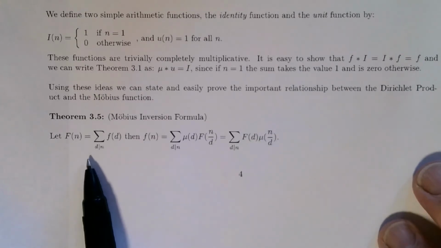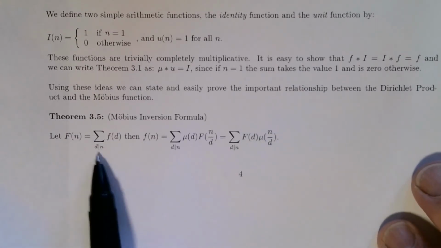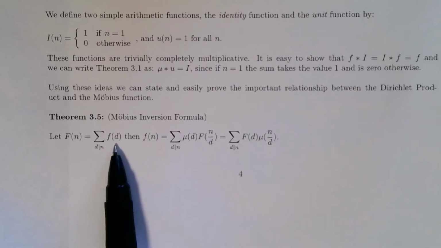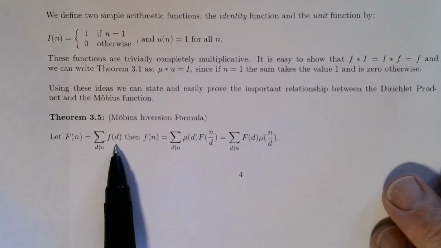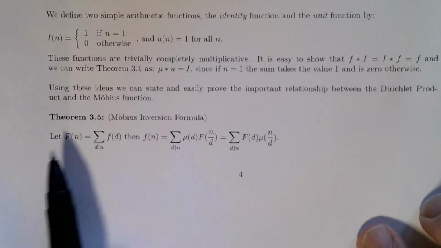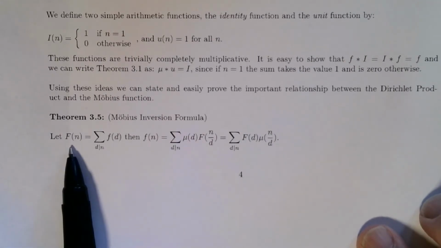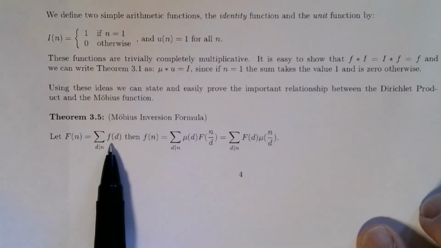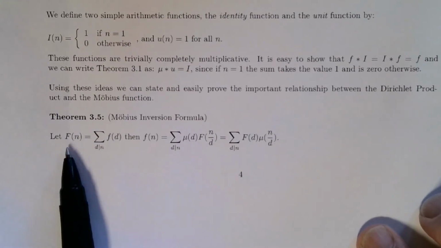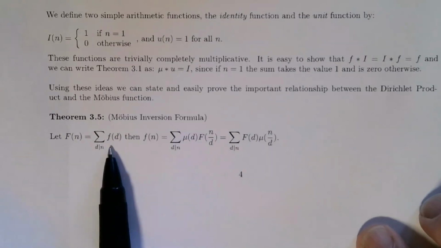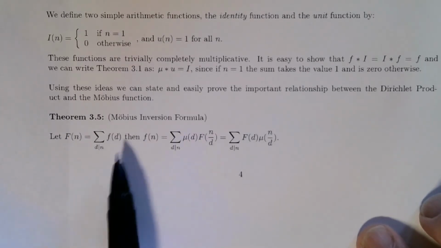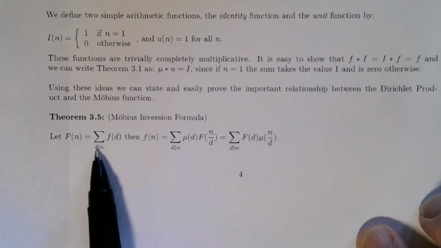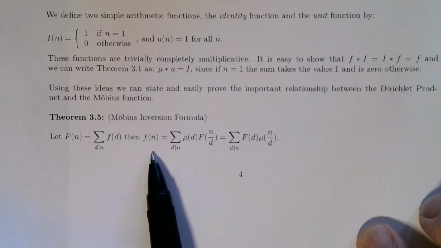So what it tells us is this: we start off with a sum over the divisors of n of this function f, and f only has to be arithmetic, not multiplicative necessarily. And so we have this capital F, we've seen this before, and if f is multiplicative, so is F, but f doesn't have to be multiplicative. This formula now enables us to ask: can we recover this little f from the sum? And the answer is yes, and there it is.